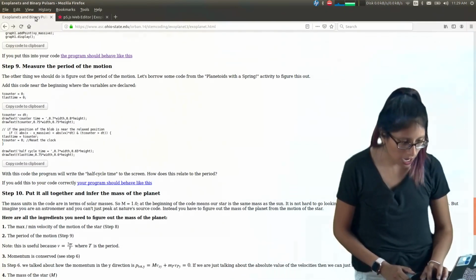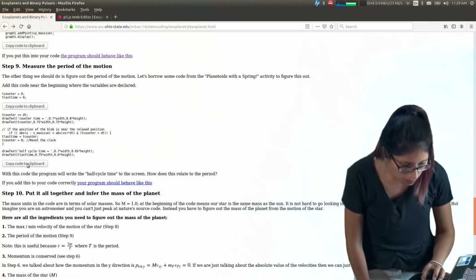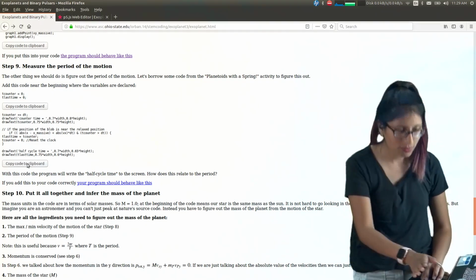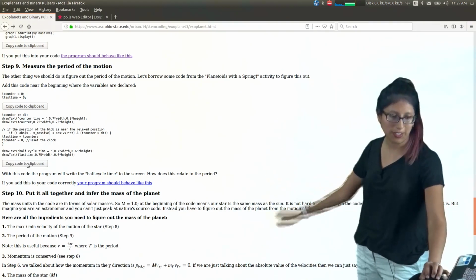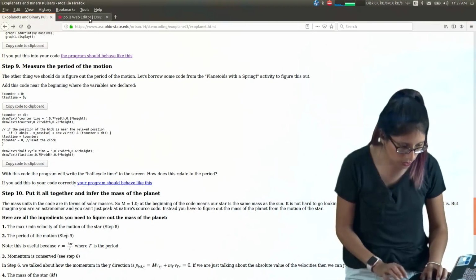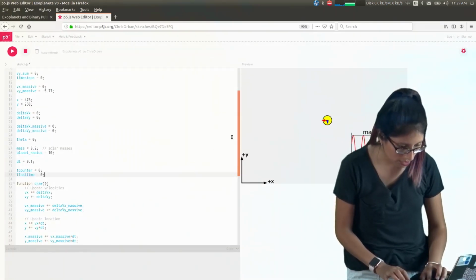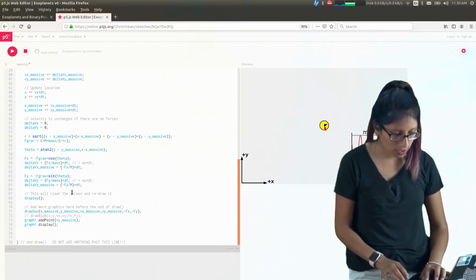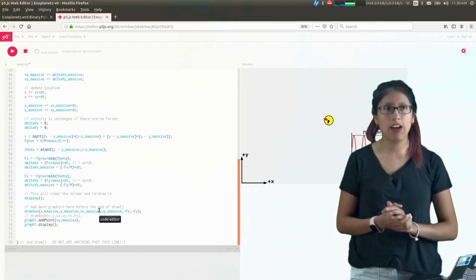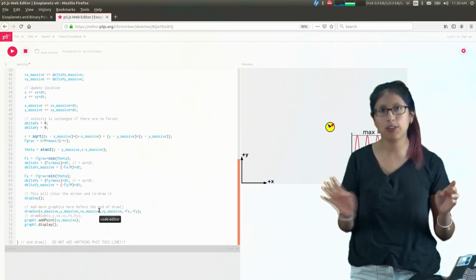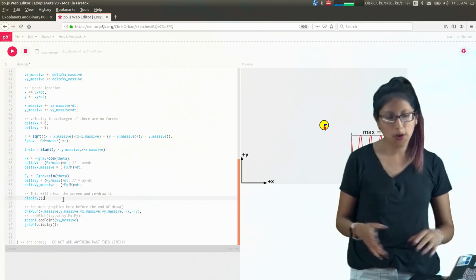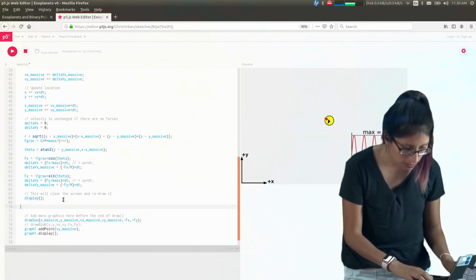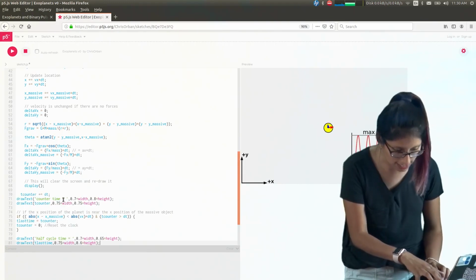And then I'm going to go back to the code and copy this other whole section of code to the draw function. So again, this part of the code will just allow us to figure out the period of the planet going around the sun. Okay, so I'm going to put this piece of code under display and just paste it right in here.